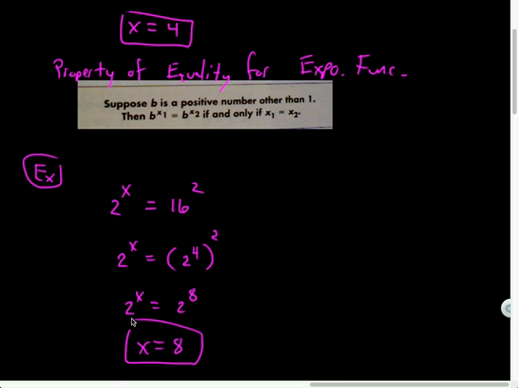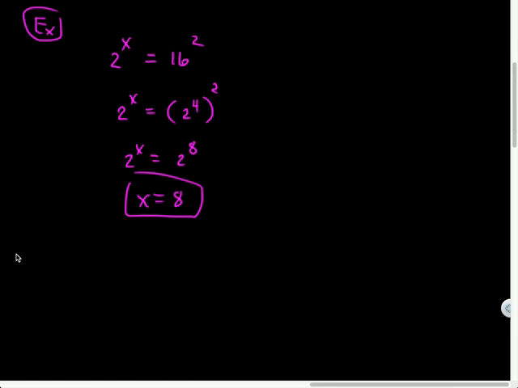So sometimes it requires just some manipulation of, can I write these both in terms of the same power? And let's see, in the last example, challenge problem, what if I have 1/3 to the 2x plus 1 equals, what if I've got 27? Oh, 9, let's make it. 9 to the x minus 5. So 1/3 and 9 are not the same.